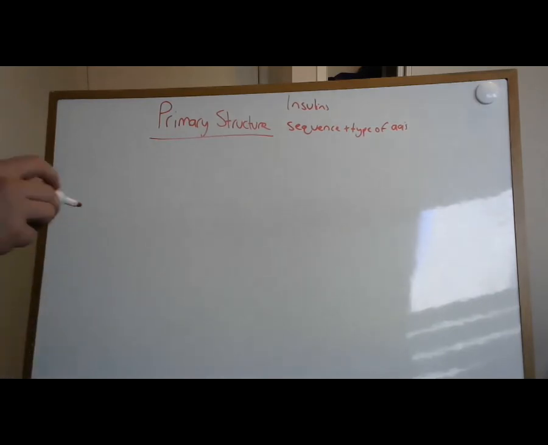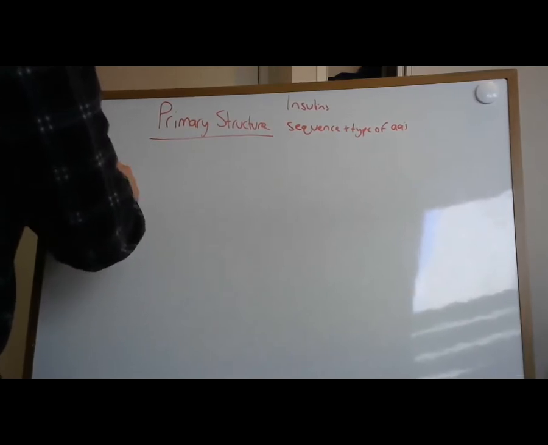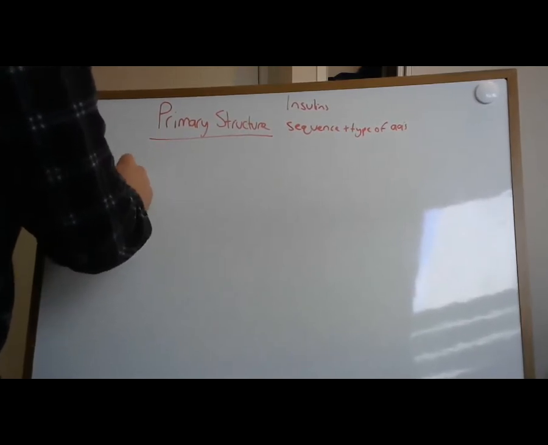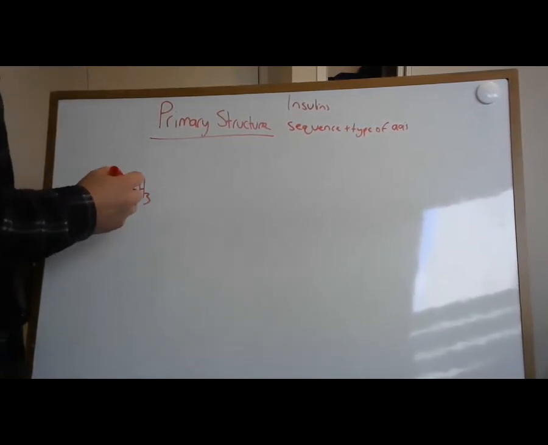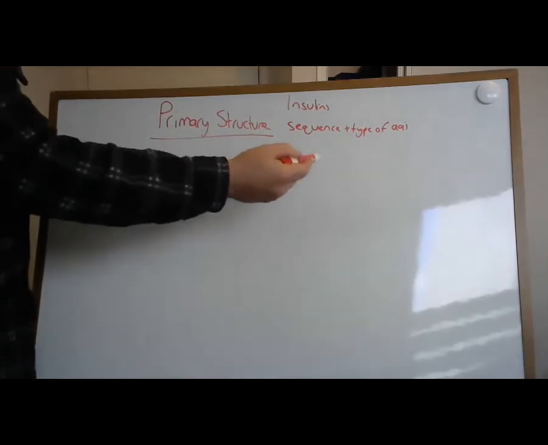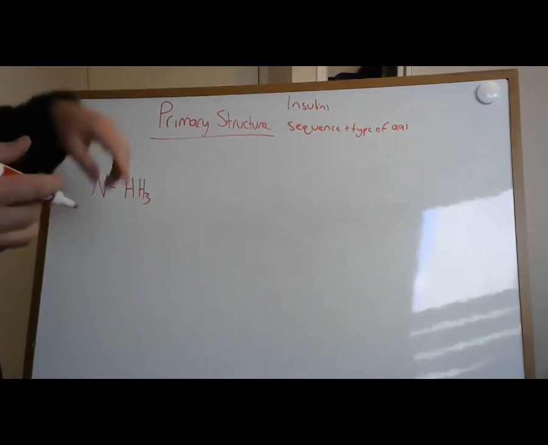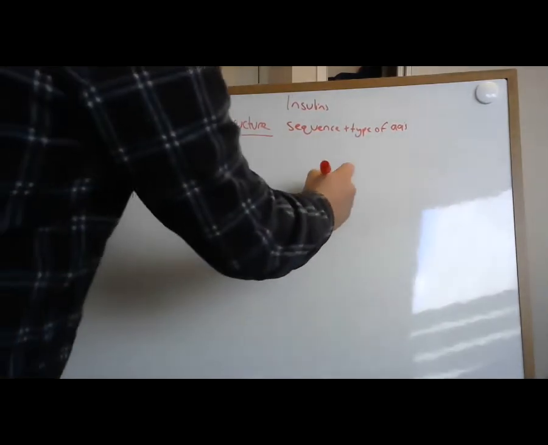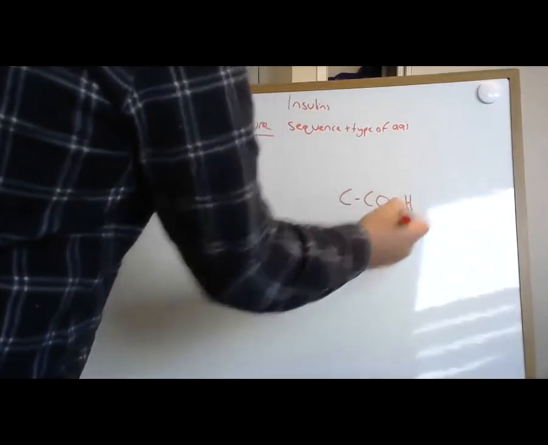And we start the primary structure on the N terminus, so where you have NH3, and then we add to the right-hand side of this. In these condensation reactions is how it gets built. And then at the end, we have the C or the carboxyl end.